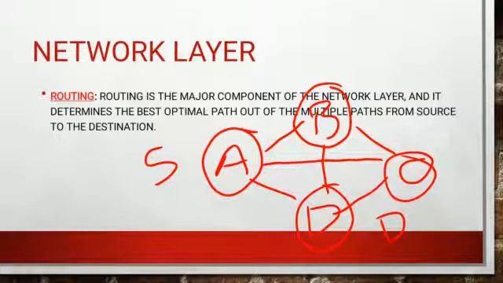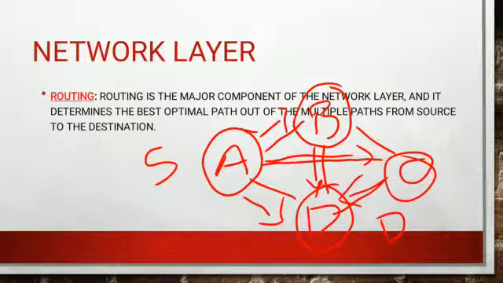Here we have so many routes. The source is A and the destination is D. The data is transmitted in this direction, this is one way, or the data is transmitted from A to B and from B to D, this is another way, or otherwise A to C and from C to D, this is another way, or from A to B, B to C and from C to D. That means the paths from source to destination are many.